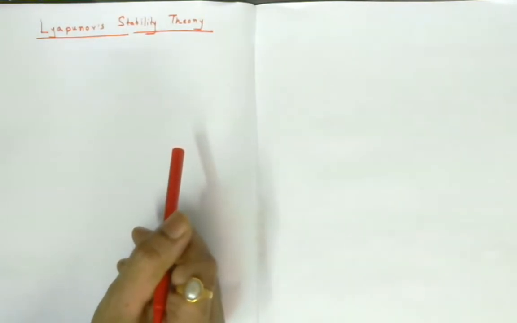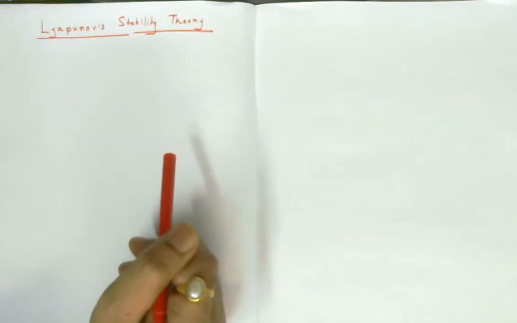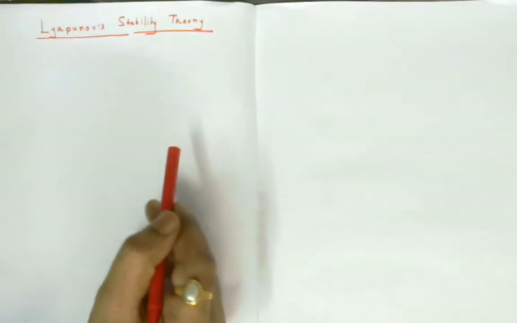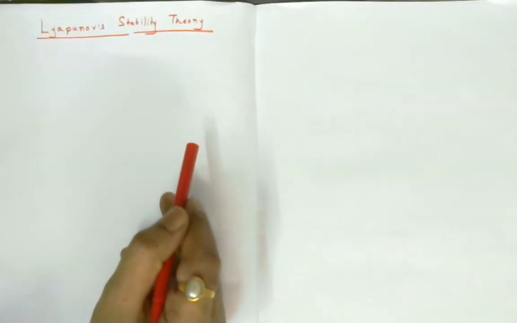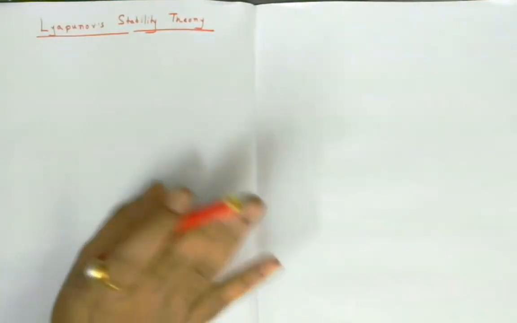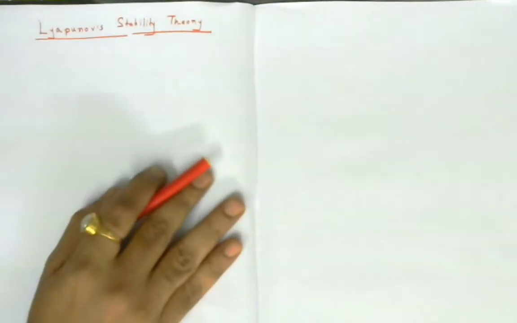Always remember that the phase plane is constructed considering the x axis as x1 and the y axis as x2. To draw the trajectory, you need an initial point anywhere in the phase plane, right?